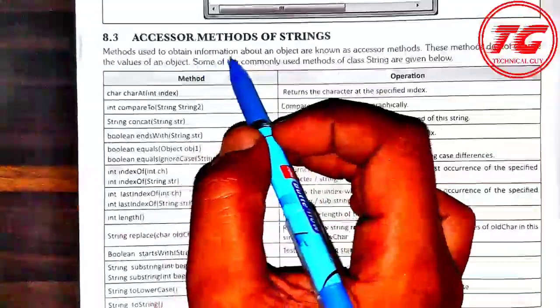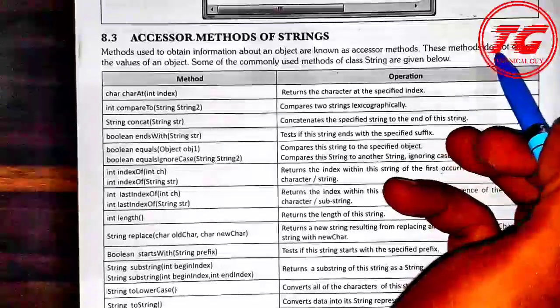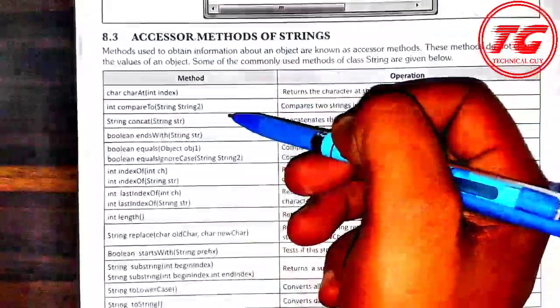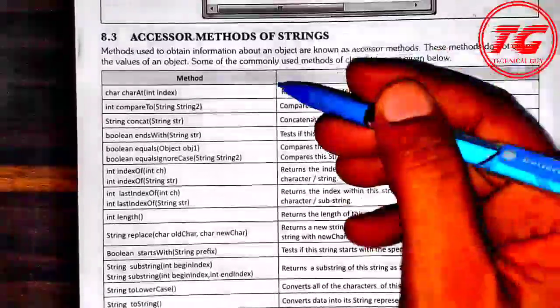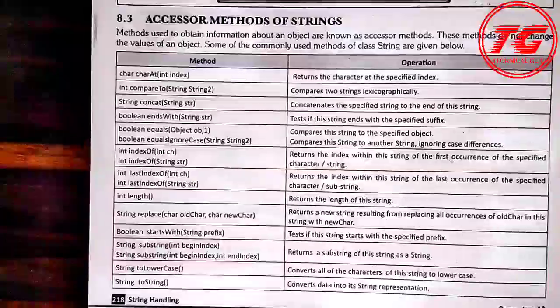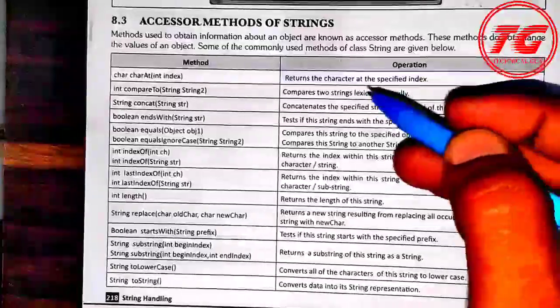A method used to obtain information about an object is called an accessor method. These methods do not change the value of the object. So if you use any of these methods, they are not used for modifying the strings. Actually, these are read-only methods, used to read the state of a string object.